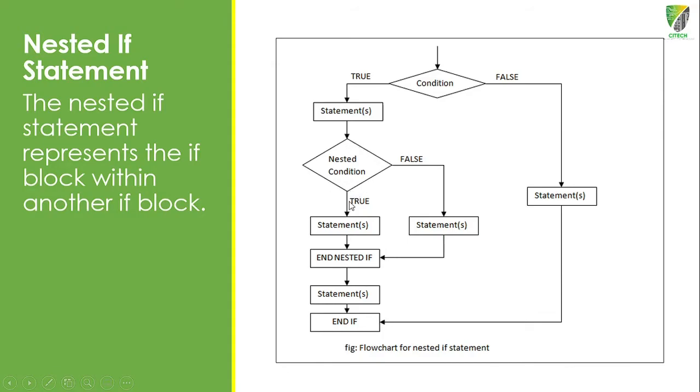So, kapag true, magpuproceed to sa block na nasa loob ng nested if condition. Kapag naman nag-false, magpuproceed lang siya sa false statement natin. So, wag malilito because the nested if statement is just a statement or block of code na nasa loob ng isang if statement or ng isang condition natin.